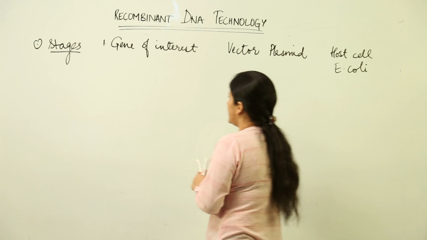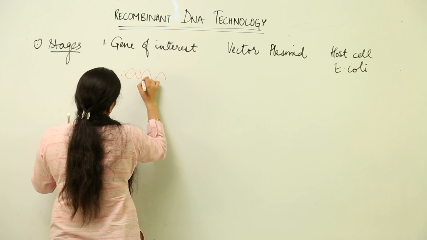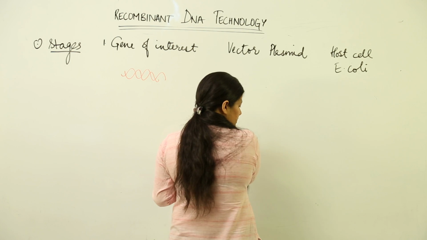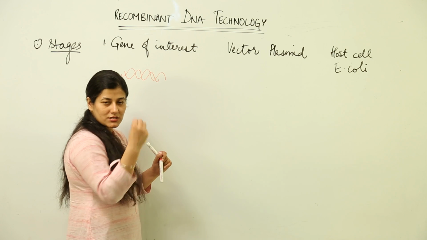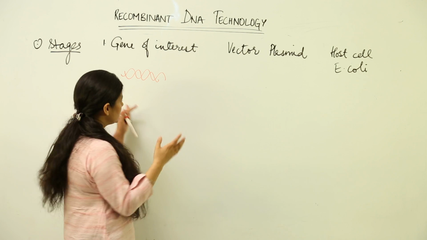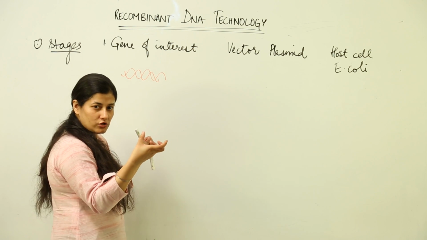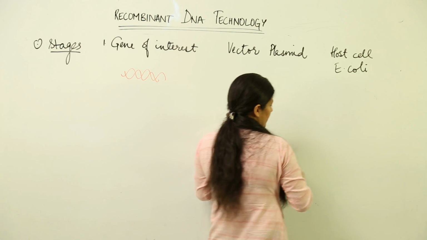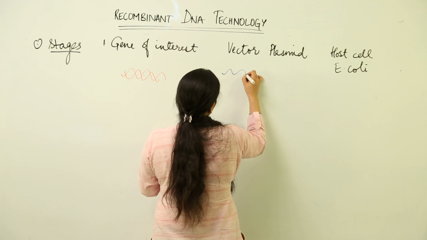Now supposedly this is your gene of interest that you have taken from some particular organism, and we are going to see individually how this is extracted, because we deal with the entire methodology when we study it. So for once you just have to see that a gene of interest has to be taken from a genome by using restriction endonucleases, then it has to be incorporated into the plasmid.